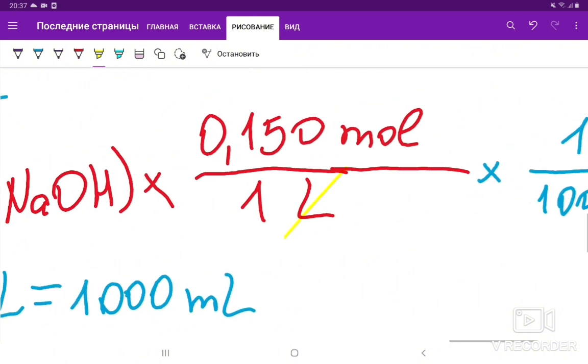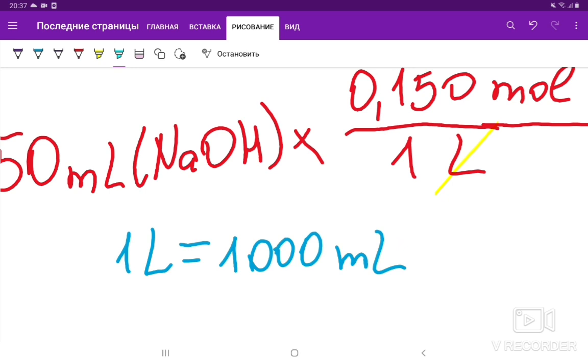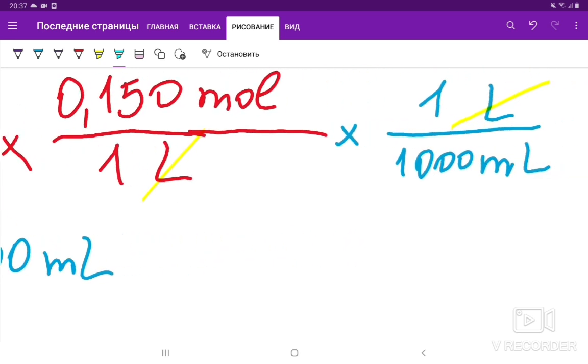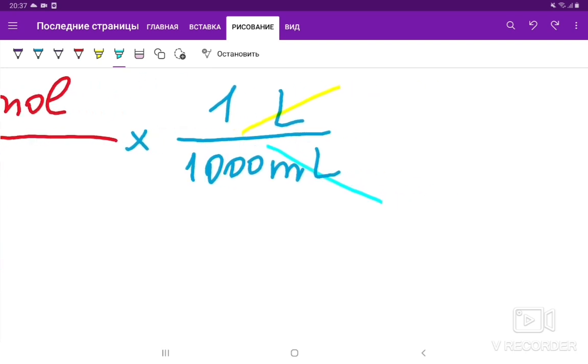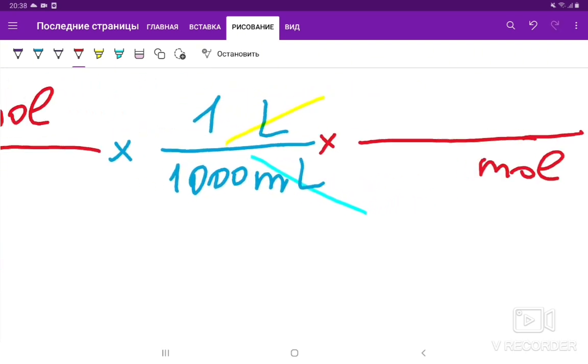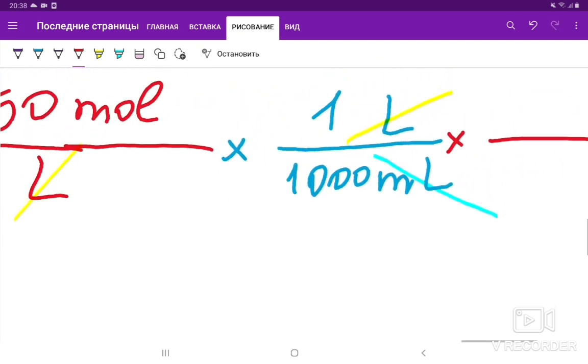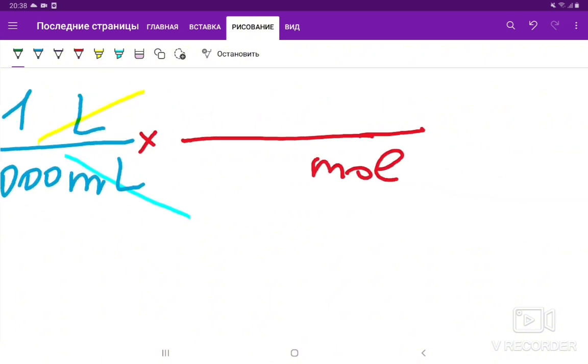Then we have milliliters here and milliliter here are also cancelled. We have mole. We now have to multiply it into something that will have mole in denominator, so we will have moles also cancelled. This mole and this mole will be cancelled.